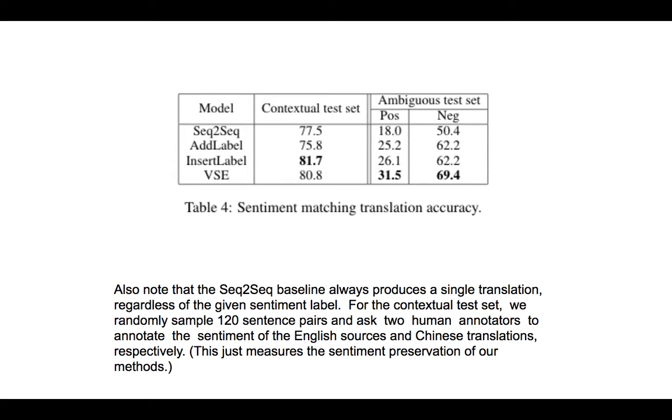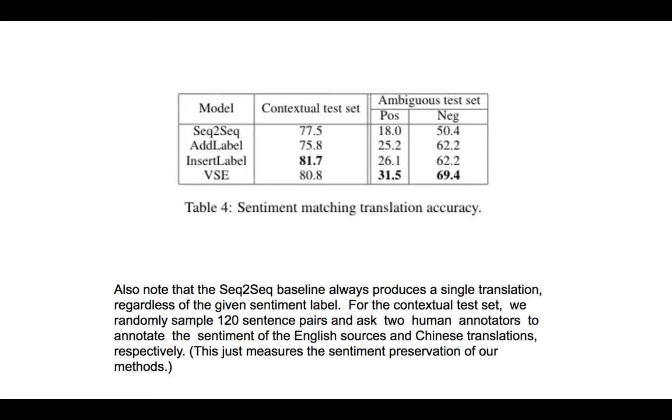On the ambiguous test set, the sequence-to-sequence baseline will generate the translation that is more commonly seen. For example, if the word stubborn is more commonly used as a negative word in the training set, then it will just generate the negative translation, because there are more such cases in the training set.